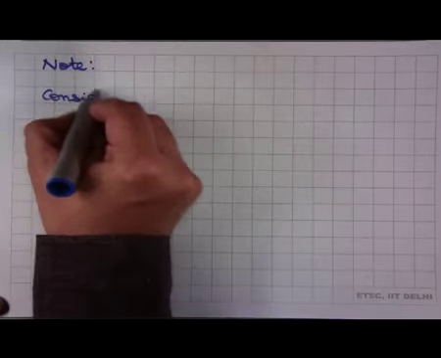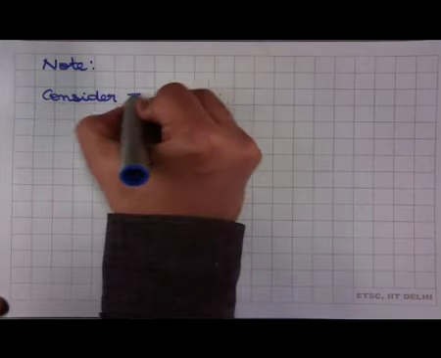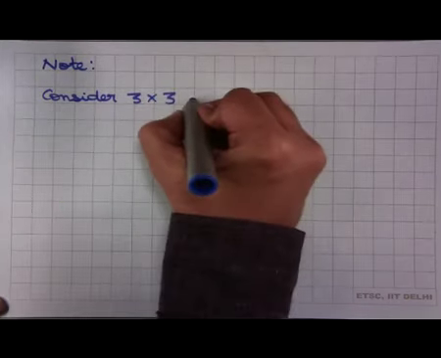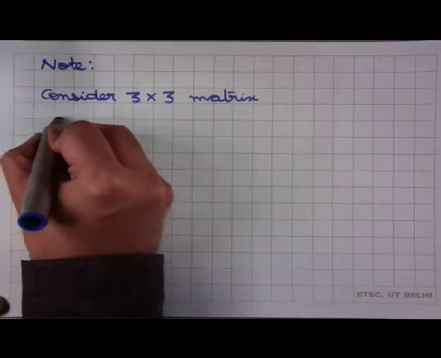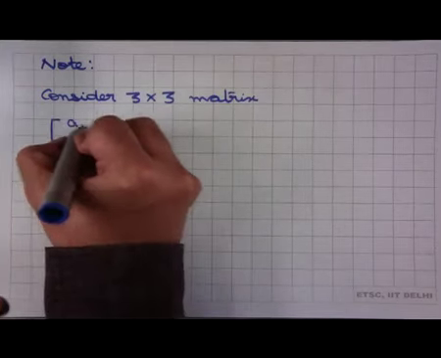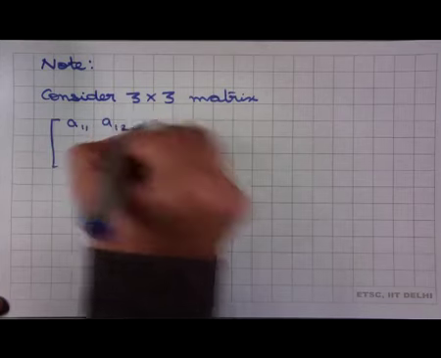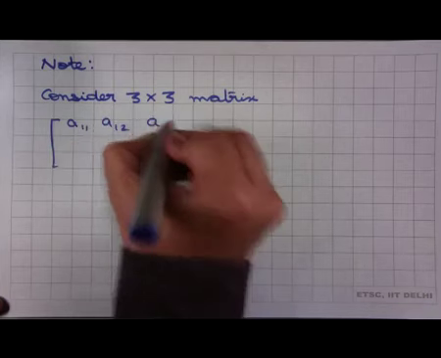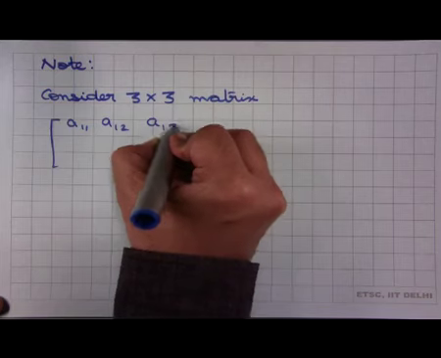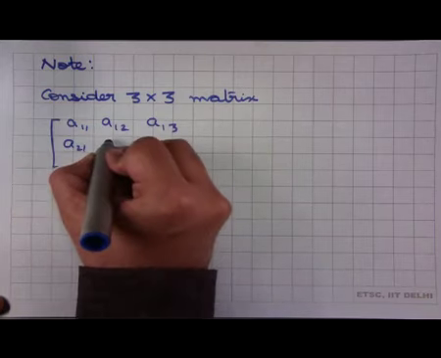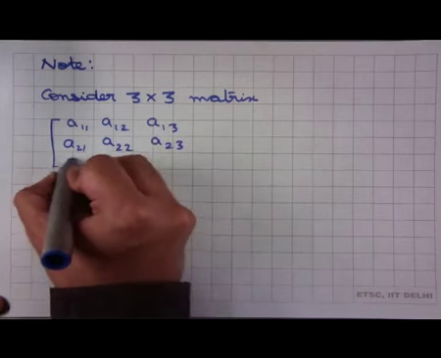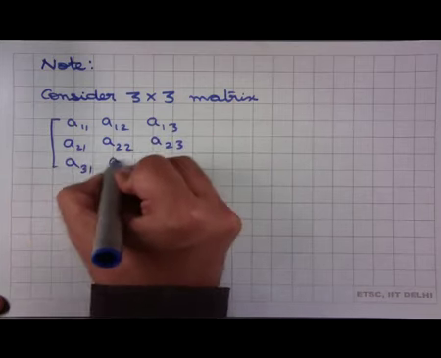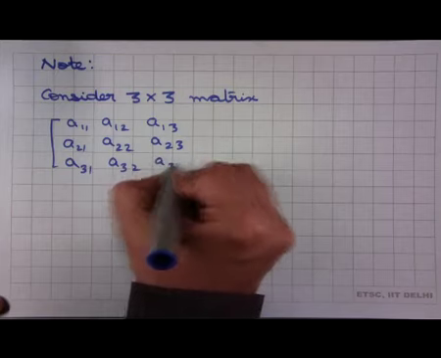Consider a 3 by 3 matrix as before with entries a11, a12, a13, a21, a22, a23, a31, a32 and a33, right.